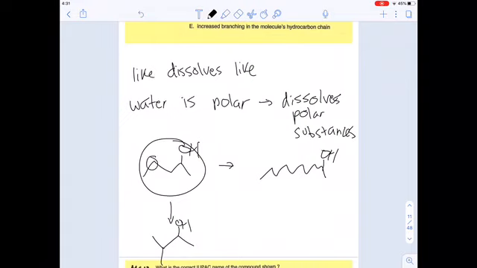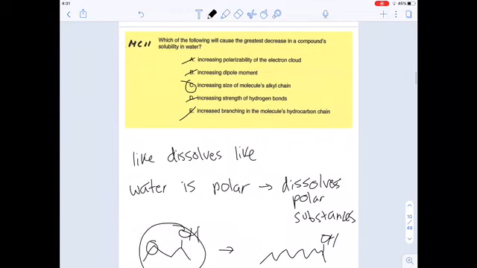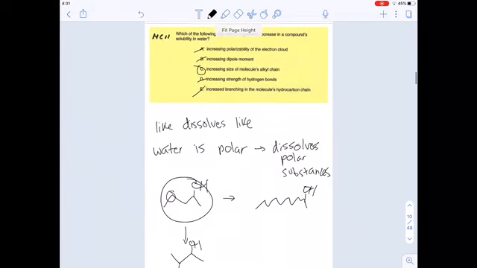And this is actually better to dissolve in water because then you have more hydrogens coming out versus carbons. Because when you change this carbon to over here, you're adding another hydrogen. So that means it's one more hydrogen that can H bond. So all of these would increase its polarity and then increase its solubility in water, except for C. So C is the answer to 11.